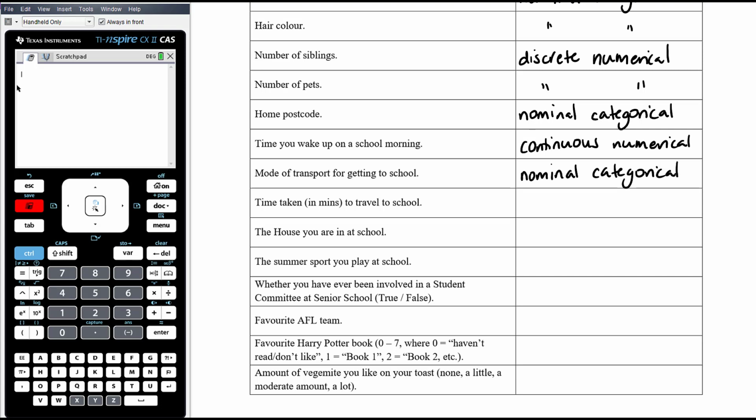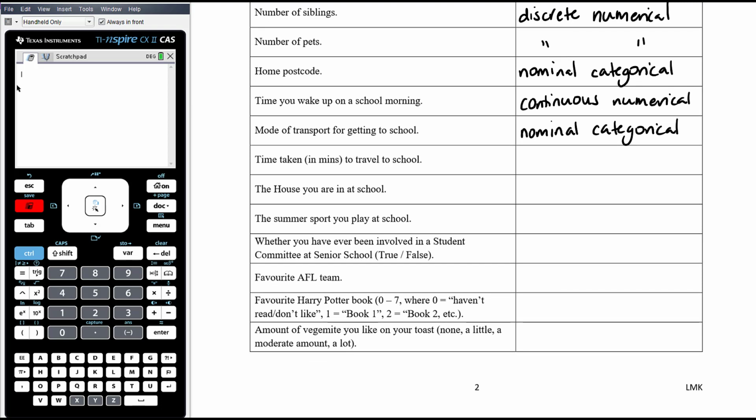The time taken in minutes to travel to school, so again time related, so continuous numerical. And yes, it's to the nearest whole minute, but that doesn't mean we couldn't measure it more accurately if we used a stopwatch, for example.